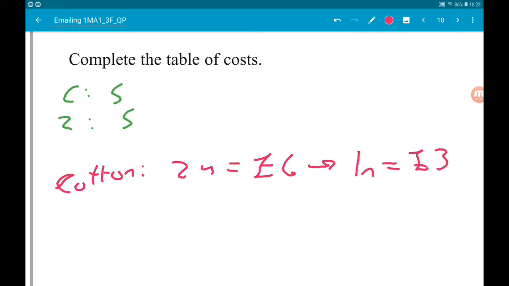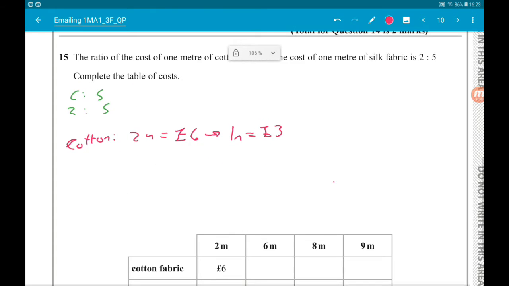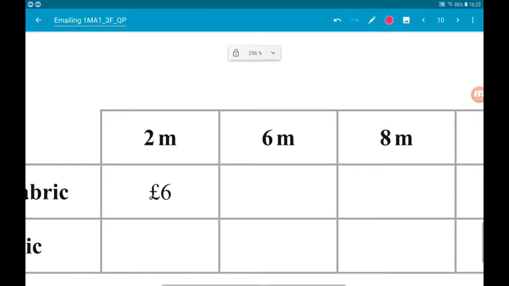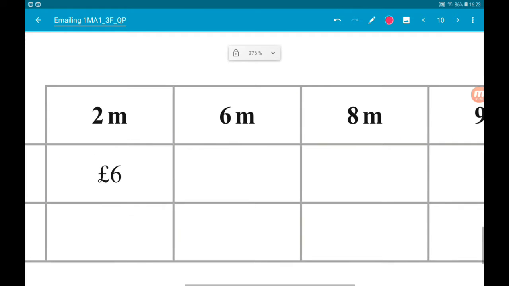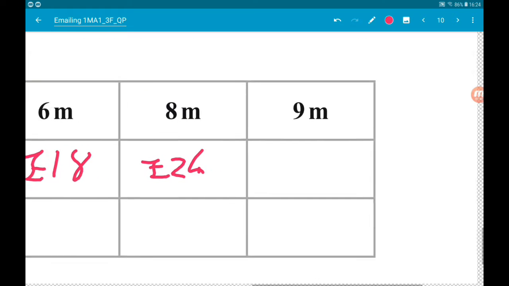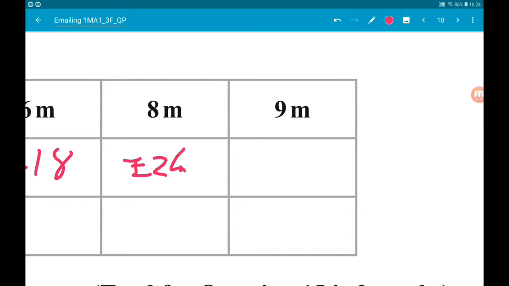So, what that allows us to do is fill in all of the costs for cotton. So, 6 meters is going to cost £18. 6 times 3, 8 is going to be 24. And 9 will be 27.